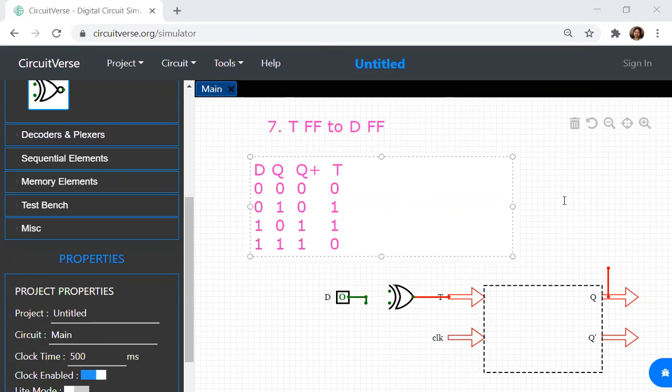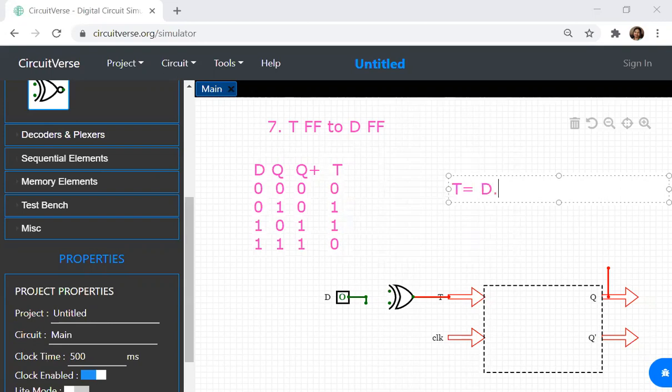Now if you solve for T using K-map, I will get T is equal to D into Q bar plus D bar into Q, which is nothing but an XOR gate.